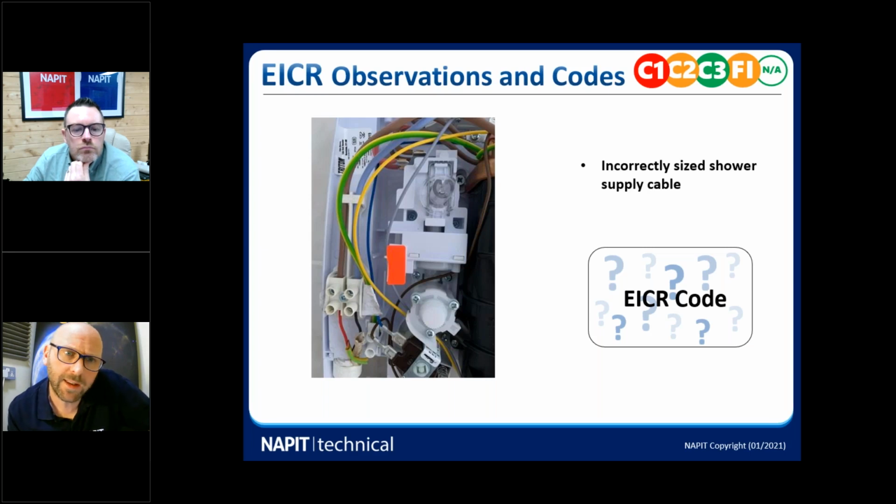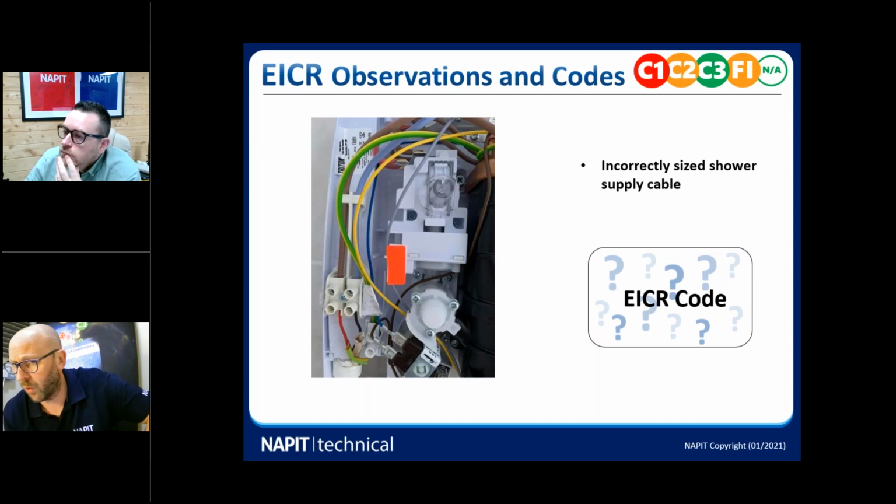I can't see the shower, but we need to assume that it's quite high in its loading demands. 1 millimeter cable clipped direct is only going to be good for about 16 amps. That is a minimum of a 32 amp shower, maybe even more.